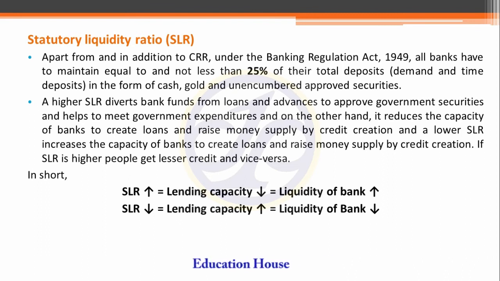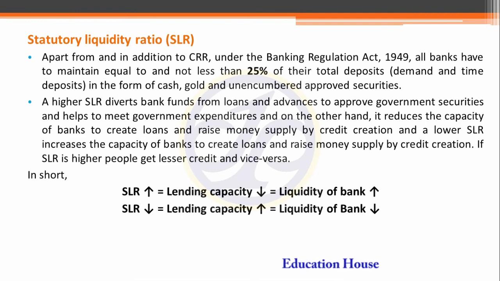So the liquidity of the bank can be maintained, and whenever the bank requires funds in an emergency, the bank mortgages the gold and government securities in front of RBI and gets the funds, as well as through MSF, the marginal standing facility. That's why the statutory liquidity ratio is required.